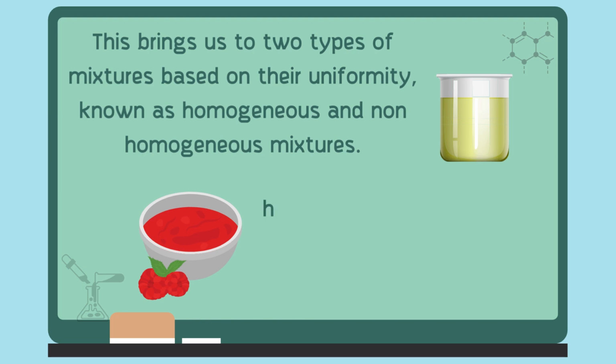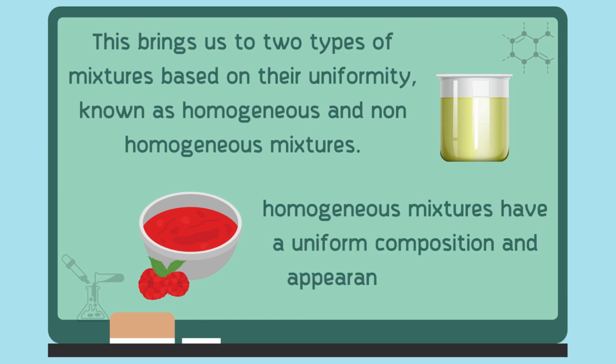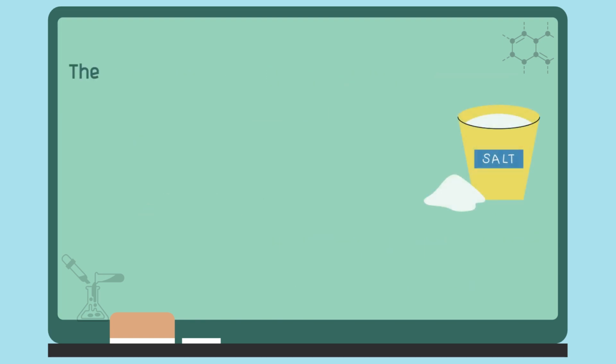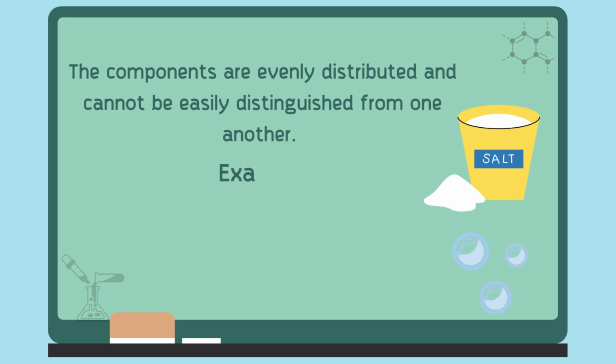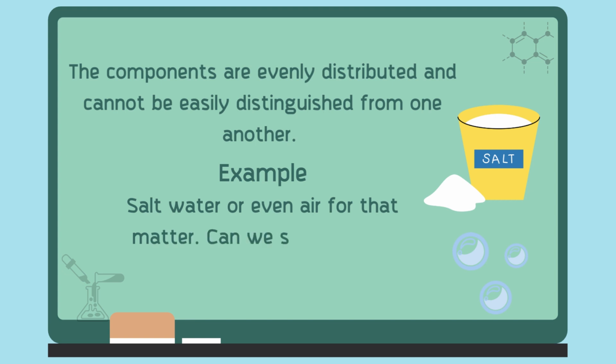Homogeneous mixtures have a uniform composition and appearance throughout. The components are evenly distributed and cannot be easily distinguished from one another. Example, salt water or even air for that matter. Can we spot out the different gases that exist in the air around us?